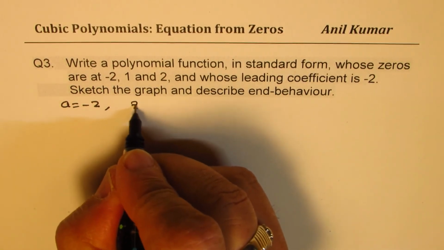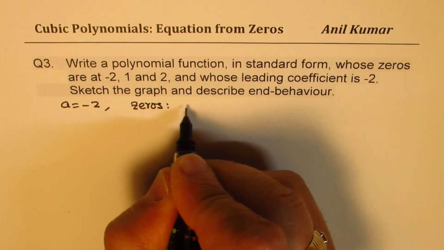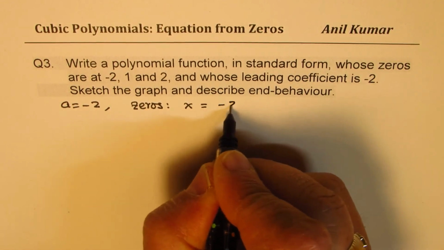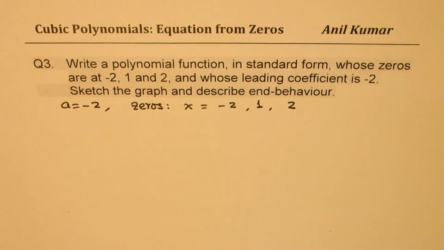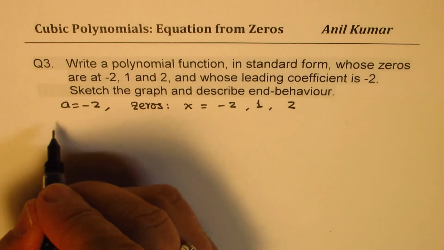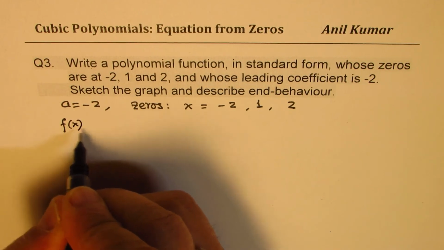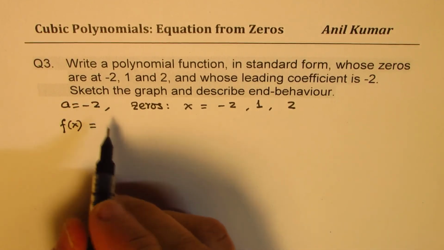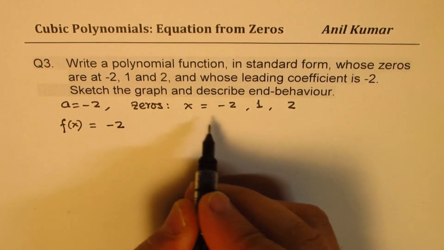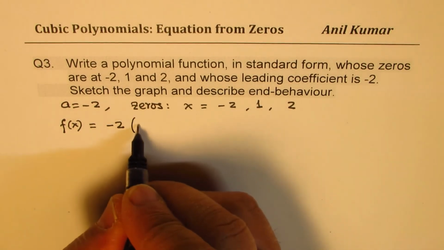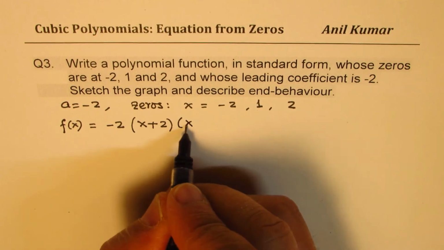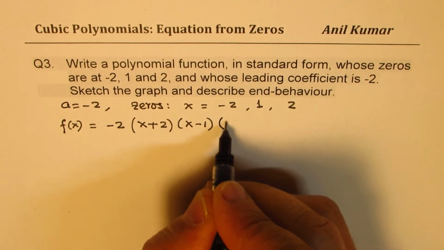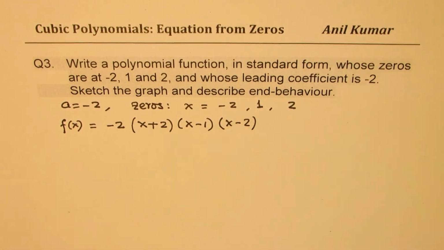The zeros are at x equals -2, 1, and 2. All 3 of them are linear zeros. So the function f of x could now be written as: a is -2, so let me write -2 here, and with these zeros, I could write x plus 2 for the first factor, x minus 1 the second factor, x minus 2 the third one.